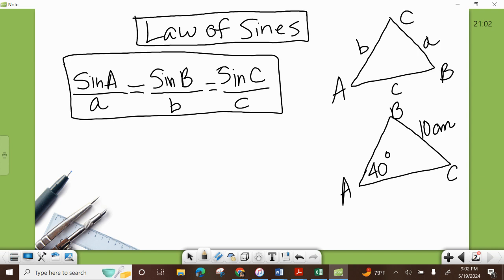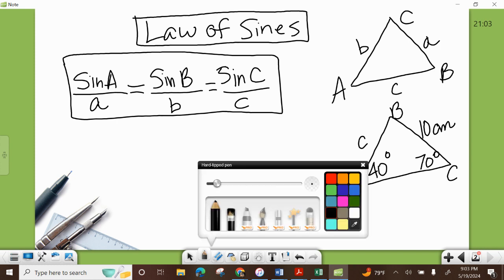I'm also going to tell you that angle C is 70 degrees, and I want to know how long side C is. So I've got two angles, one side, and one side that I'm looking for. So I have three of the four components I need to set up the equation.